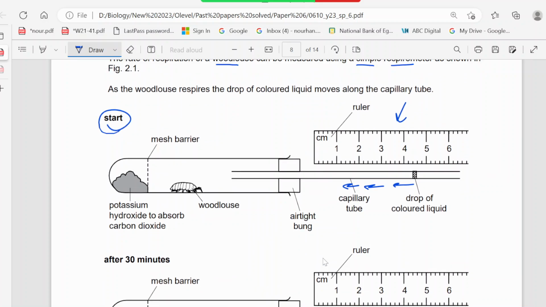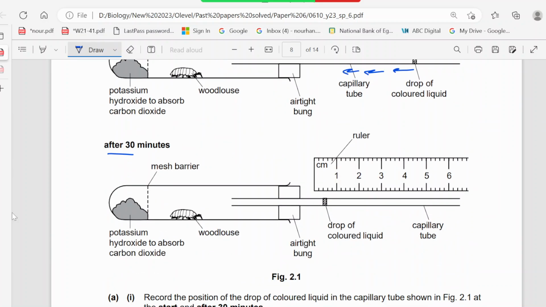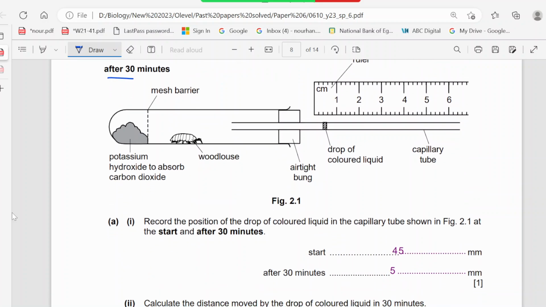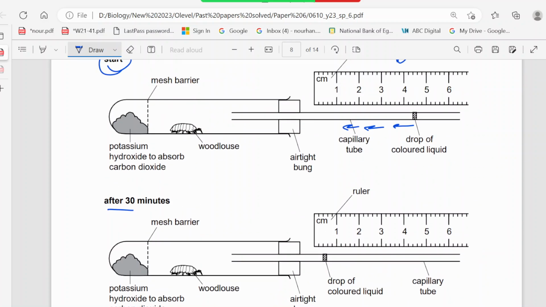This is the start and this is after 30 minutes. الدروب بقت هنا. طيب أول حاجة بيقول لي record the position of the drop at the start and after 30 minutes.